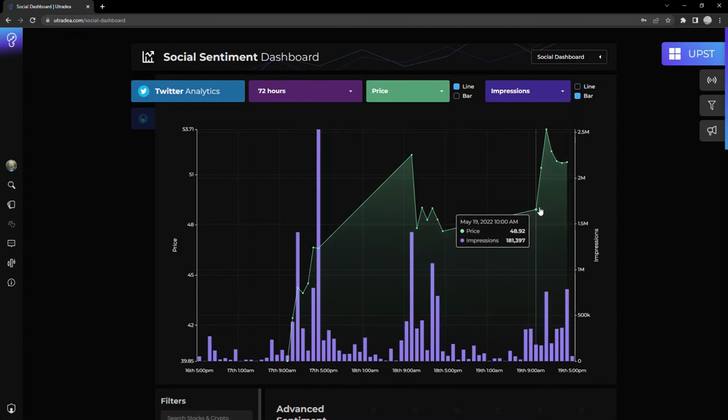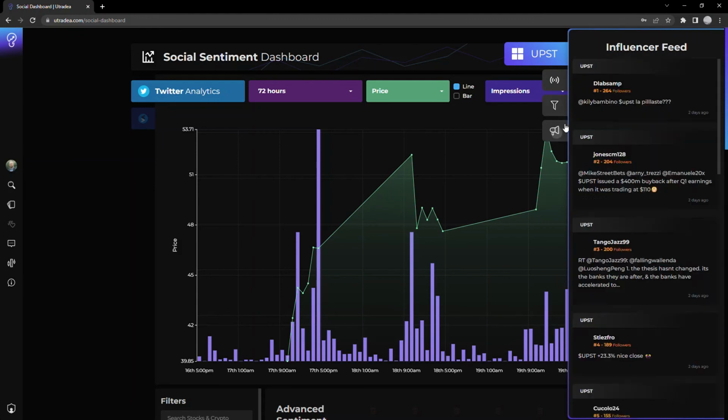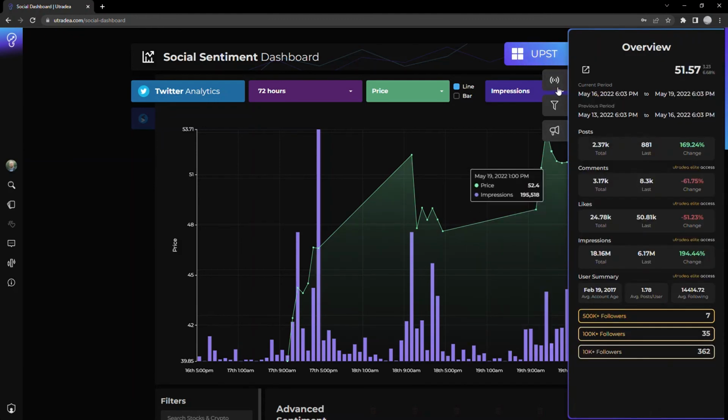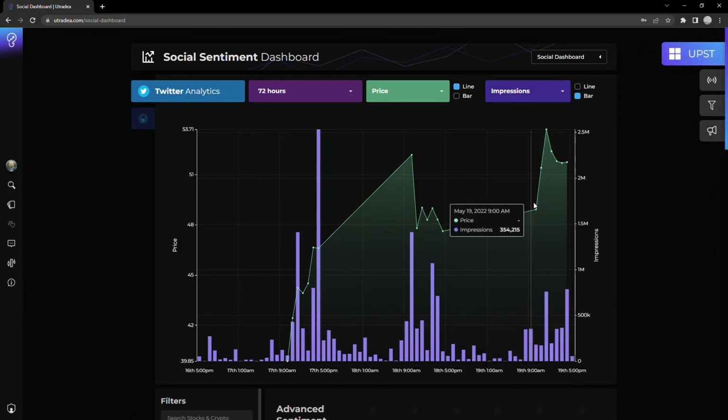And then today, it opened at around 48. In the morning, again, we saw a bit of an increase in the number of people tweeting about Upstart. We see it spike a little bit here, $48 a share, up to 53. It came down a little bit in the afternoon, settled just shy of $52 a share.